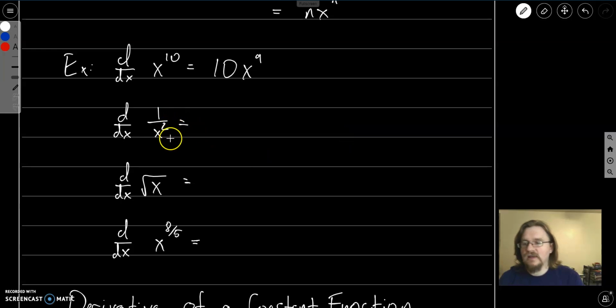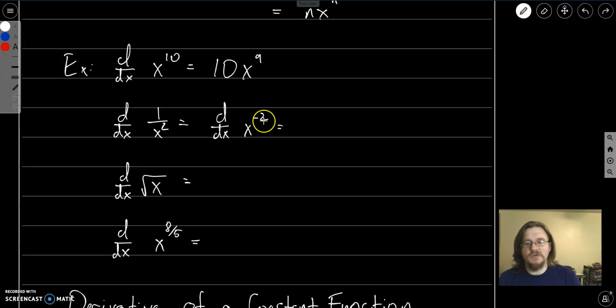That's it. Here I have the derivative of 1 over x squared. This doesn't really look like x to a power until I rewrite it. So I want the derivative of x to the negative 2nd power. These two things are the same. 1 over x squared is the same thing as x to the negative 2.